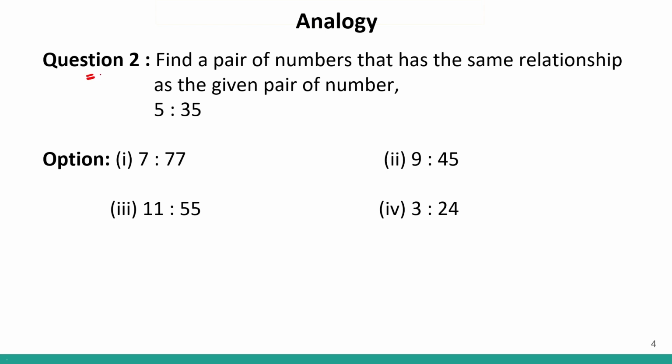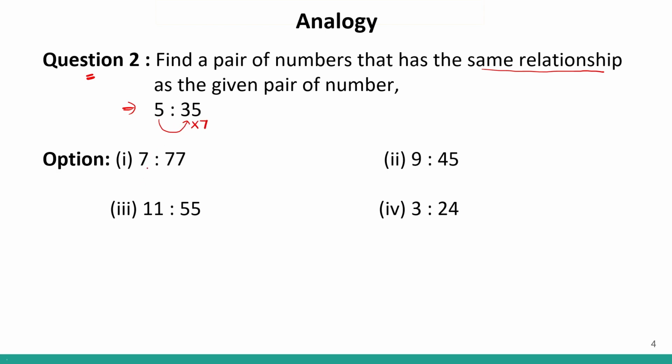Question number 2. Find a pair of numbers that has the same relationship as the given pair of numbers. So similar question. We have to identify the relationship between these numbers and then identify which of the following options bears the same relationship. That means both the elements have the same relationship as in this pair. So 5 and 35 is clearly multiplication of 7.